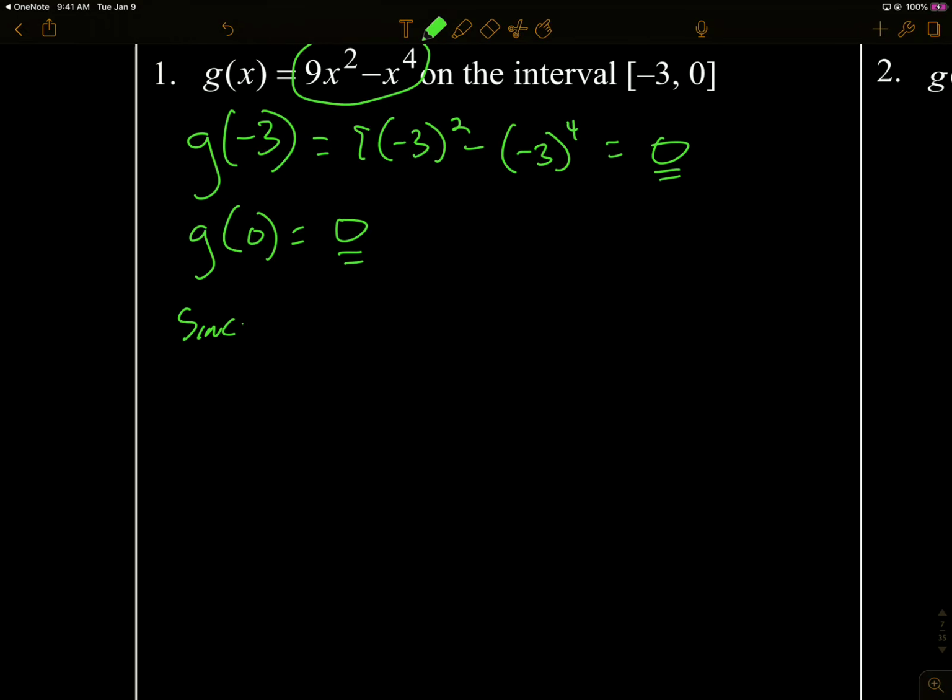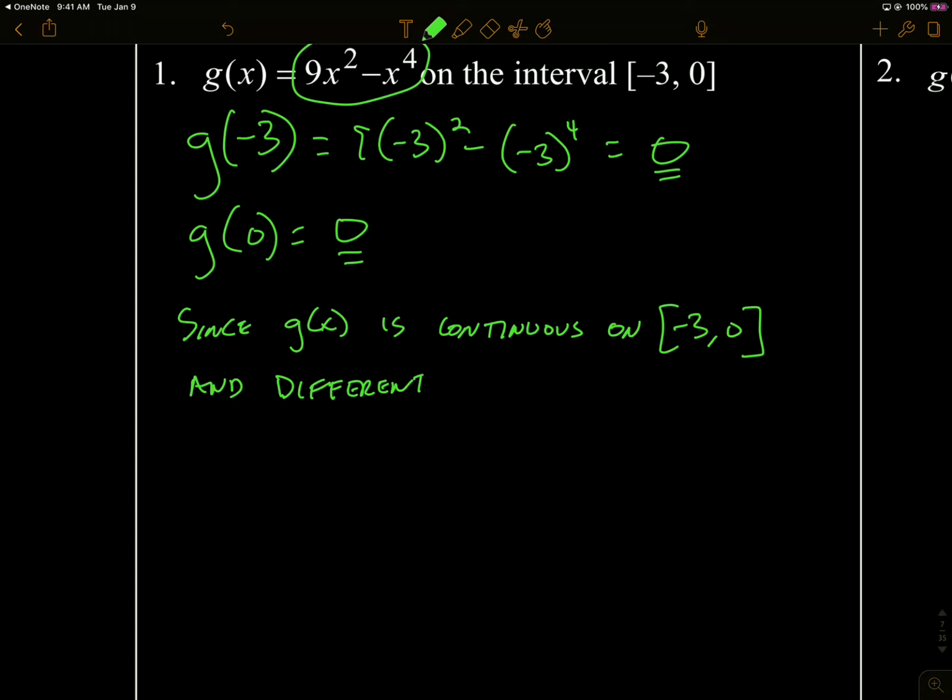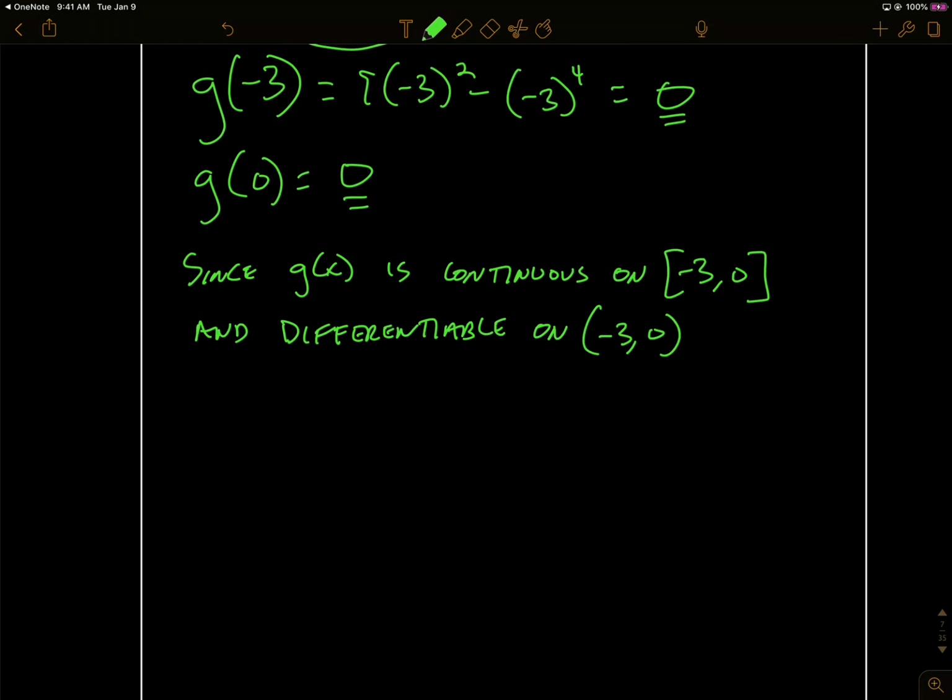So we're going to say since g of x is continuous on the closed interval and differentiable. I know I'm saying it differently than before. I'm just showing you different ways you can say it. On the open interval, and the y values of our endpoints of our closed interval are equal, then Rolle's theorem is applicable.